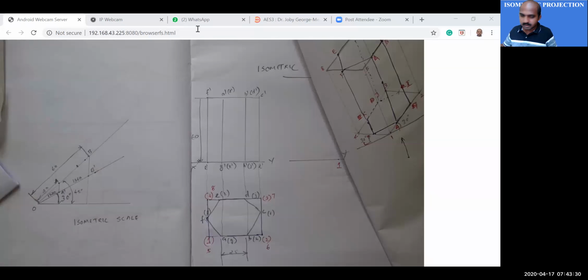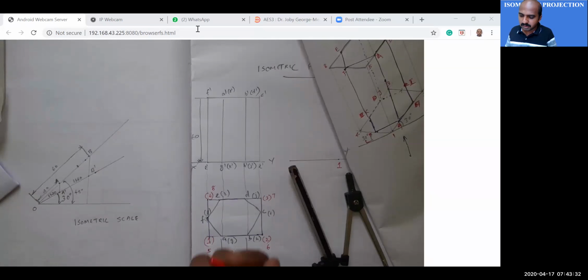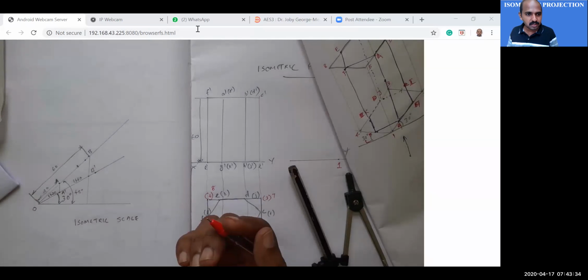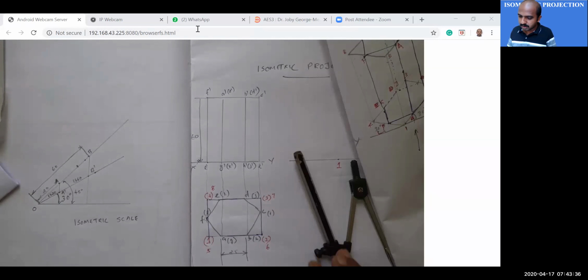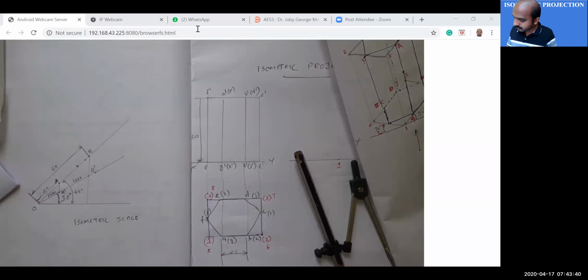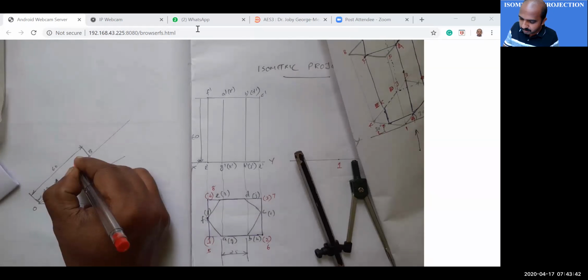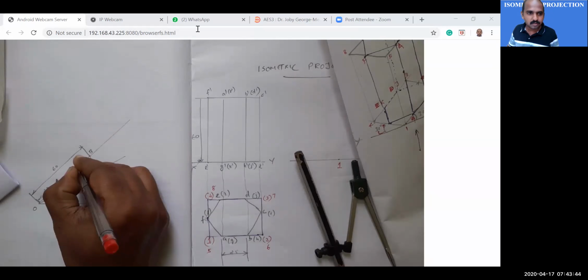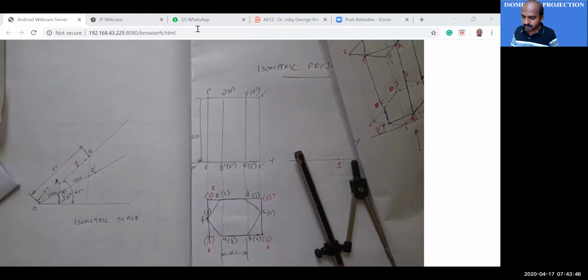Let it be, we can give any naming. For the time being, we are giving it O1. Then that is the length 1 to 2.